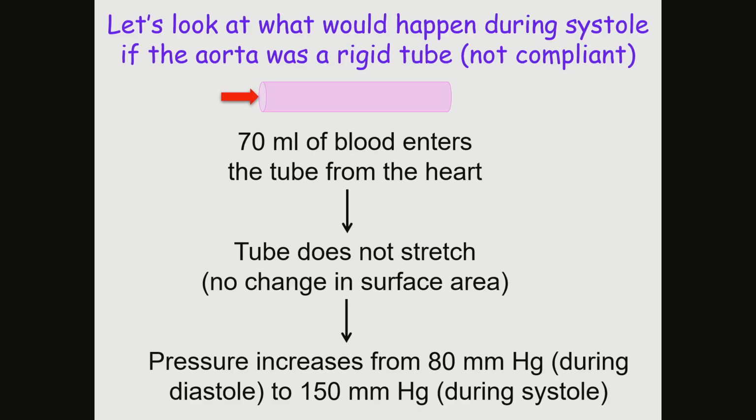We pump the blood into our non-compliant tube, or aorta, and maybe this aorta is very stiff because it has atherosclerosis. I think of that normally involving your coronary arteries, but it can involve lots of blood vessels, including your aorta, and now your blood pressure goes up to 150 millimeters of mercury, okay?